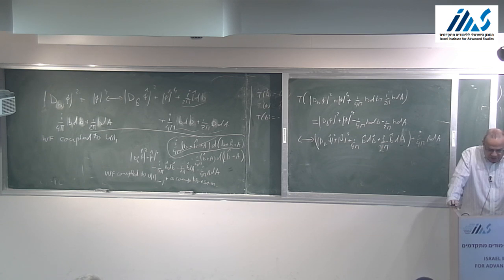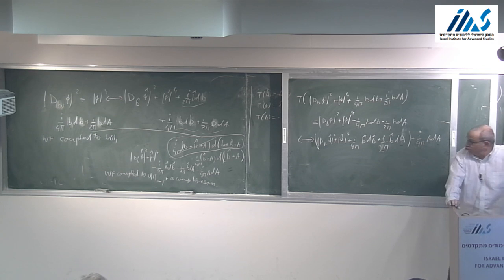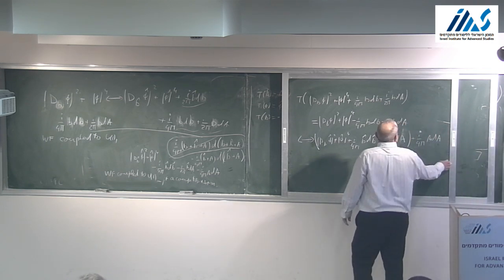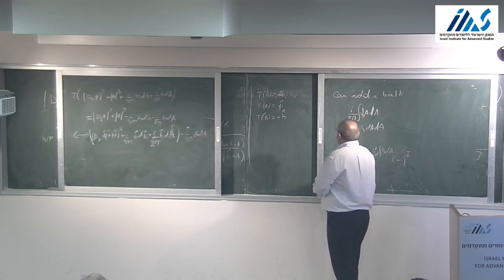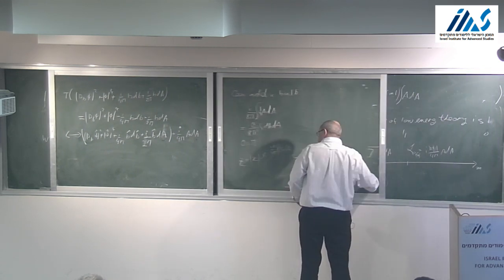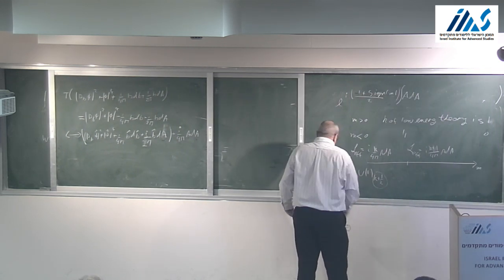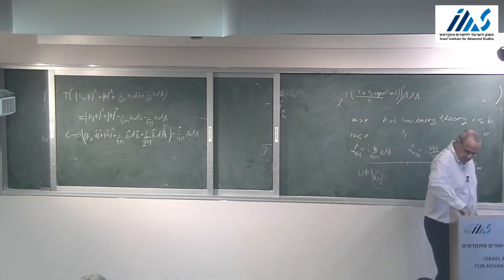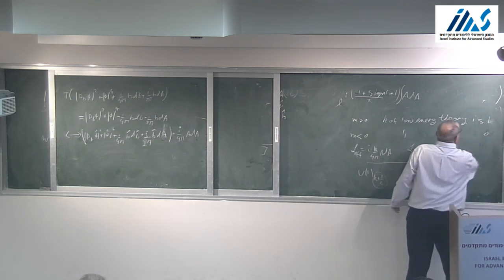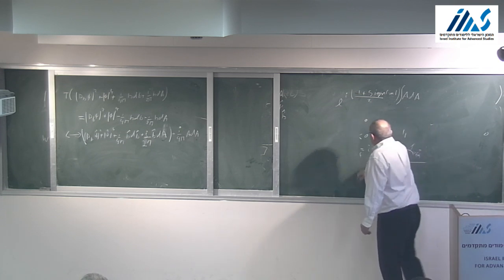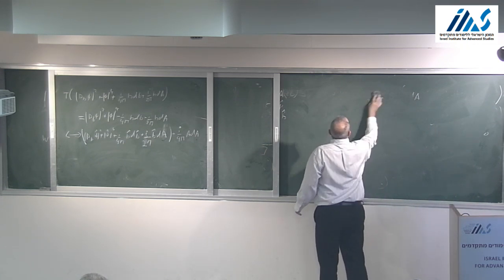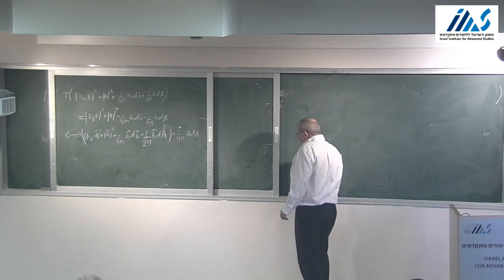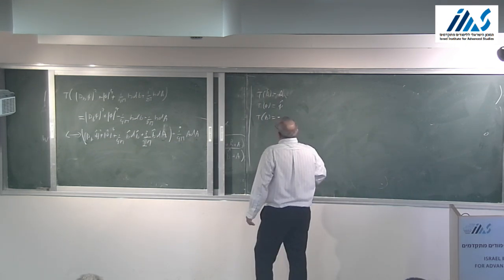What are the operators in the theory? Let's map the operators across the duality. One operator we can easily map is |phi|^2.